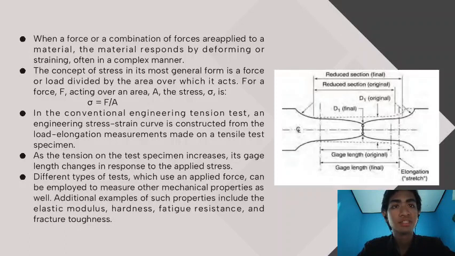It should be noted that strain is a pure number. It has no unit associated with it. To calculate the strain, the original dimension or shape of the undeformed body is compared to the same dimension or shape in the deformed body.